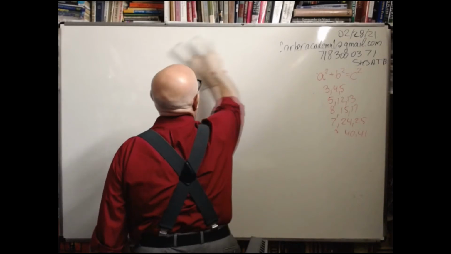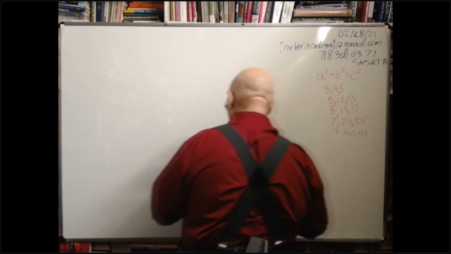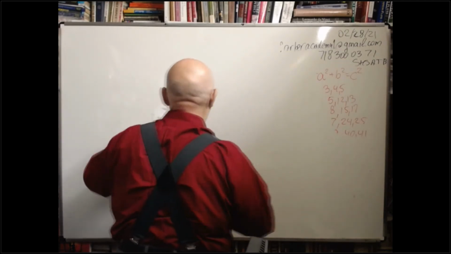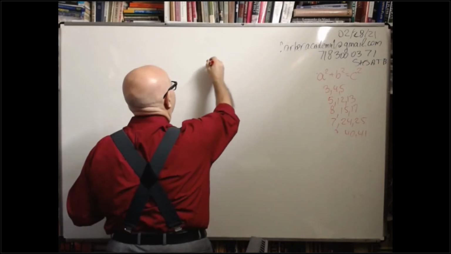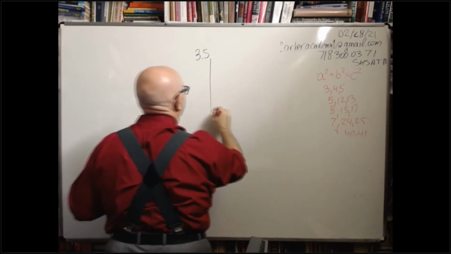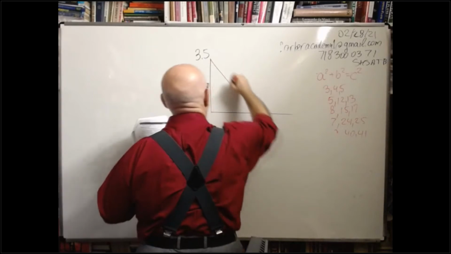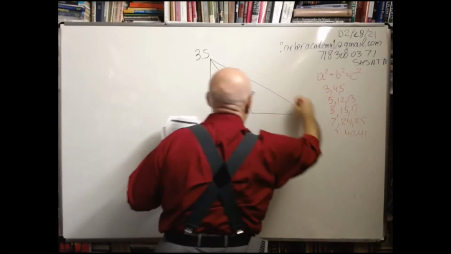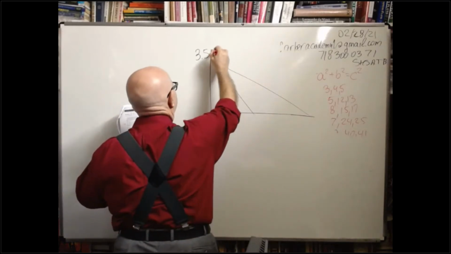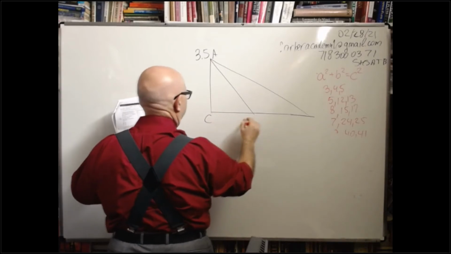Please read 3.5 in this version that you have. Find the length of DB. Oh, nothing to read too much, right? Make a picture again. This right angle. This A. CD, I use the same letters.